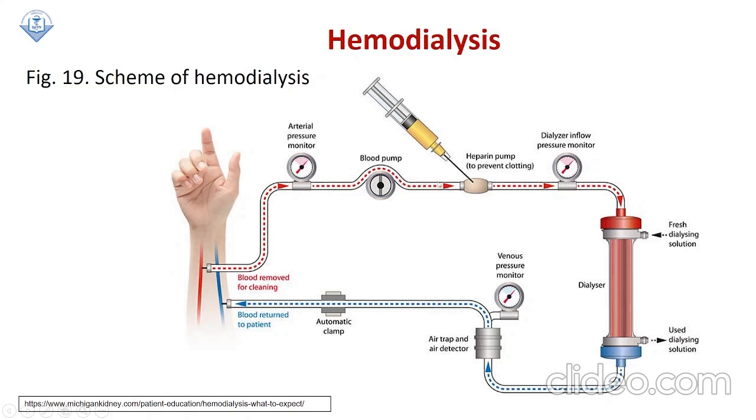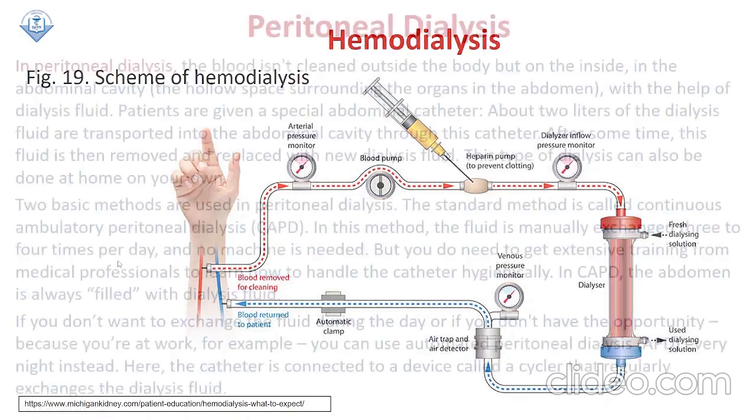Blood is pumped, blood also gets heparin to prevent clotting, and a dialyzer inflow pressure monitor is present, and then the dialyzer itself is seen, which process is present, and used dialysing solution also, and then cleared blood comes back with a specific venous pressure monitor with an automatic clamp. Finally, blood is returned to the patient's bloodstream.